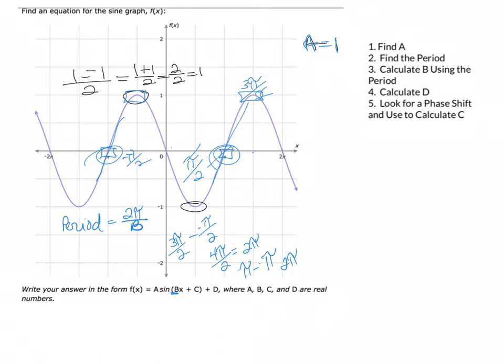So I'm going to say 2 pi equals 2 pi over B. And I'm going to solve that for B. So if I cross multiply, I get 2 pi B equals 2 pi. Divide both sides by 2 pi. And I get B equals 1. So keeping a running tally over here, I get B equals 1.